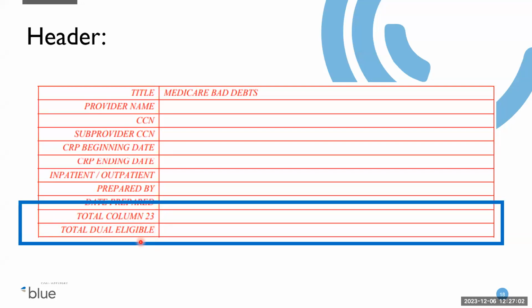Dual eligible is another word for crossovers. So everything that you're trying to claim as a crossover, you're going to want to total up and put in this line. So taking it way back to a couple columns ago, if you have the Medicaid number and the Medicaid date filled out showing you're trying to claim it as a crossover, you want to total those accounts up for this line.